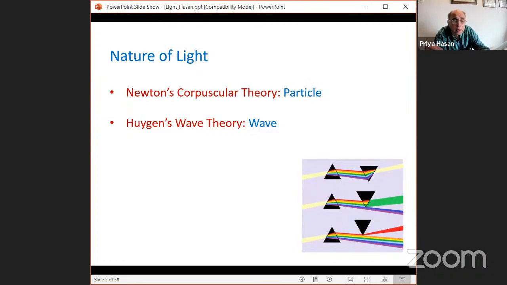People earlier thought that our eyes emit certain particles which go and strike objects and bounce back, and then we observe that object. So something is emitted from our eyes. But then there were others who said, no, it's the other way around. There are some energy particles being emitted from these objects, which reach our eyes, and we process that.